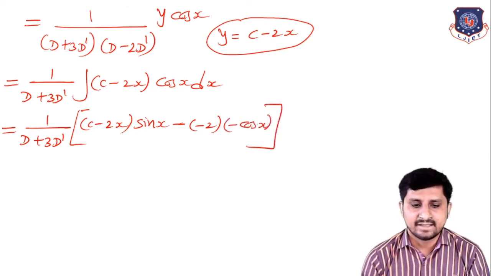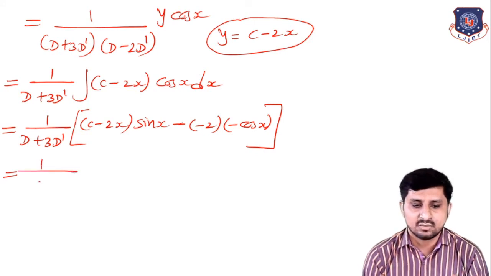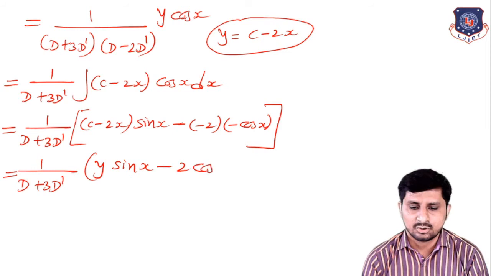Okay, and this equal to, I can write c minus 2x replaced by y, so y sin x minus 2 cos x. So 1 upon D plus 3D dash, I can write y sin x minus 2 cos x.